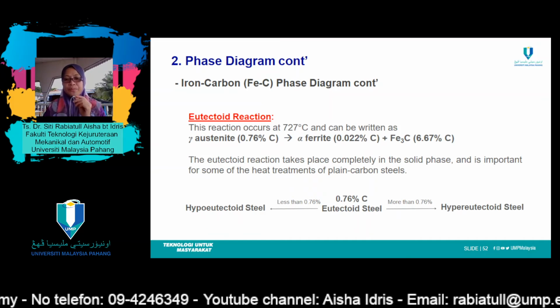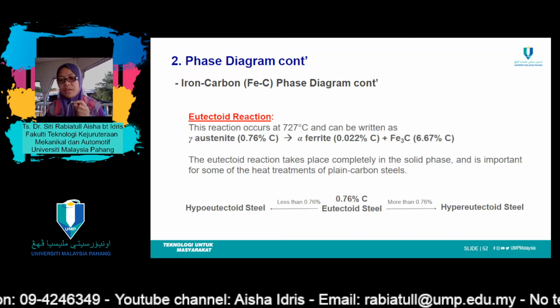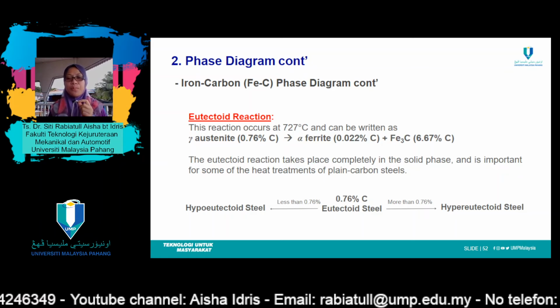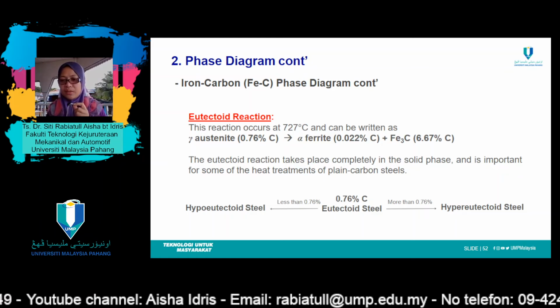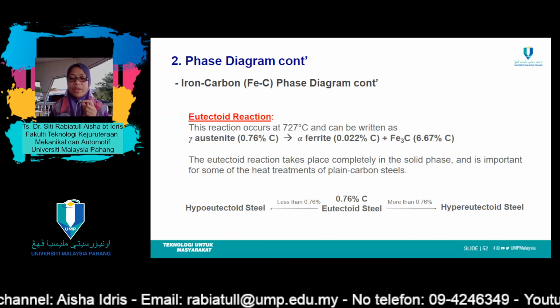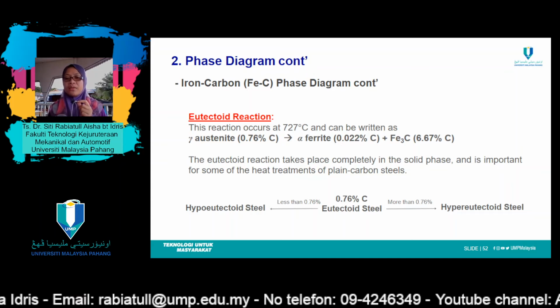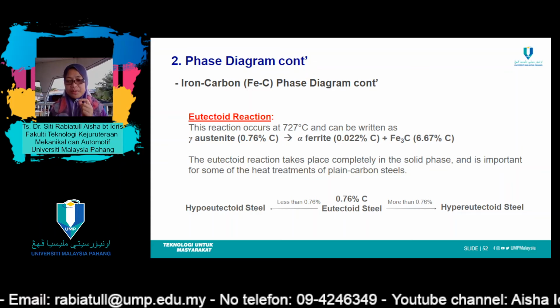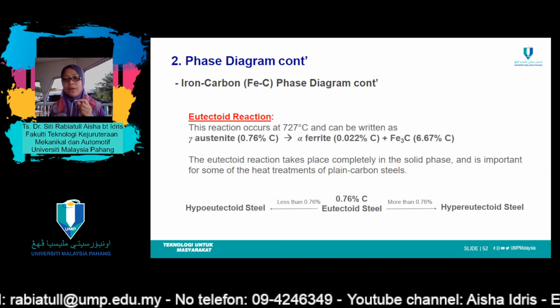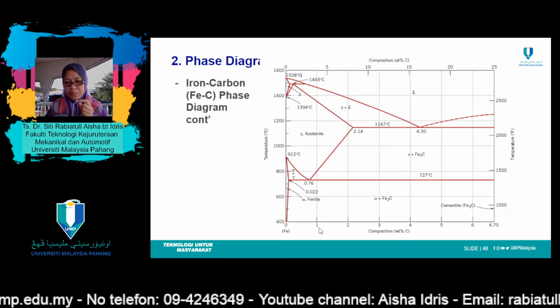Okay, so a material or alloy which consists of less than 0.76 weight percent of carbon is known as hypoeutectoid steel, and those having more than 0.76 weight percentage of carbon are known as hypereutectoid. Again, refer to this phase diagram.